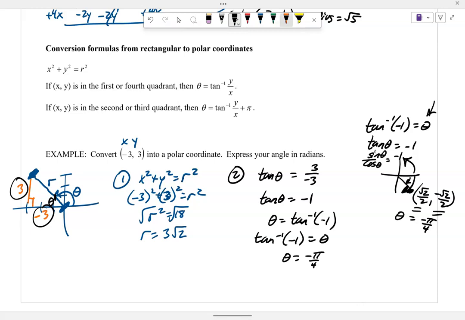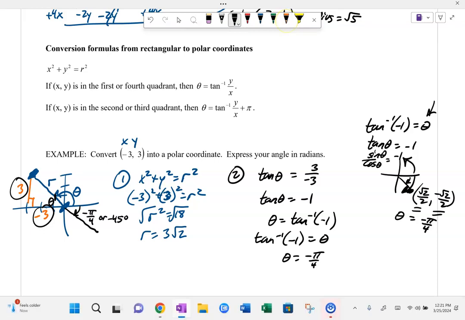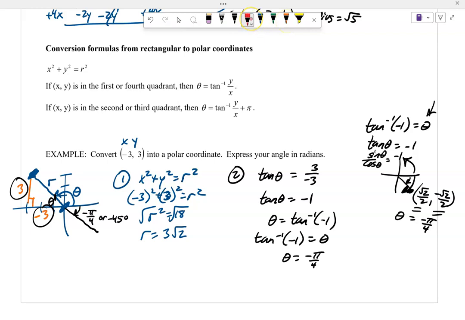Now we don't want, let's draw where -pi fourth is. This is -pi fourth. Now, is that the one that we want? No. In other words, -45 degrees, that's not the one we want. We want, do it in red, we want this one, right?